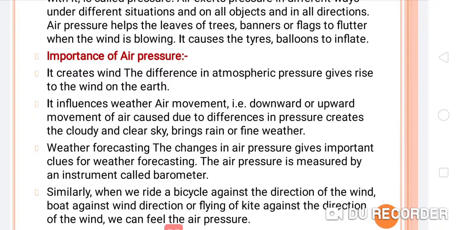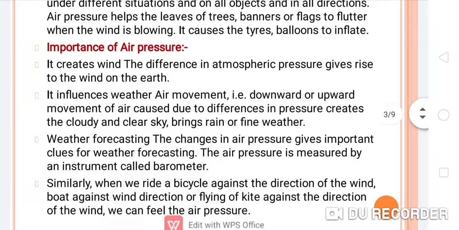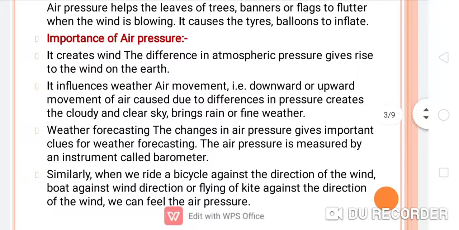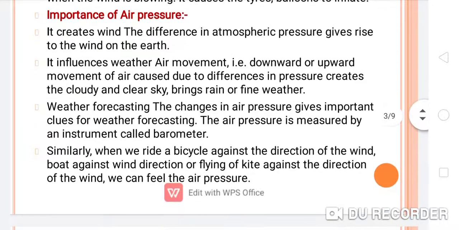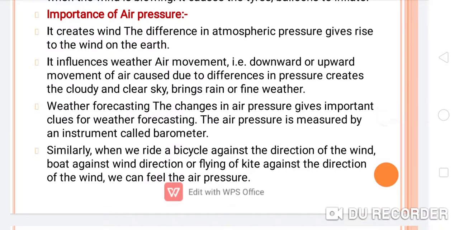Now let's see, students, what is the importance of air pressure. It creates wind. The difference in atmospheric pressure gives rise to the wind on the earth. The second one, it influences air movement, that is downward or upward.